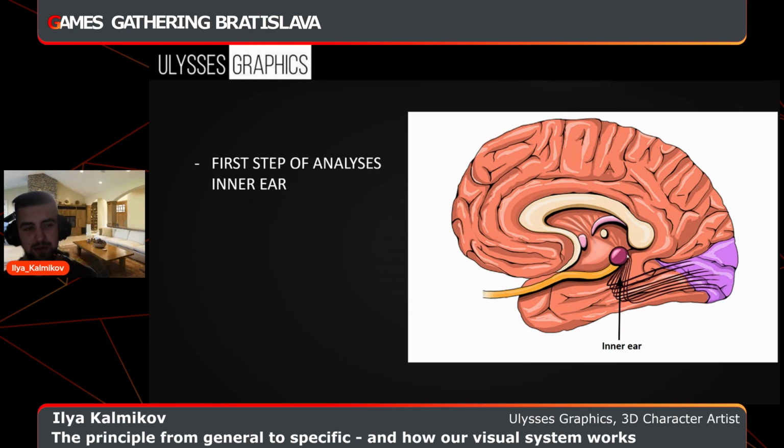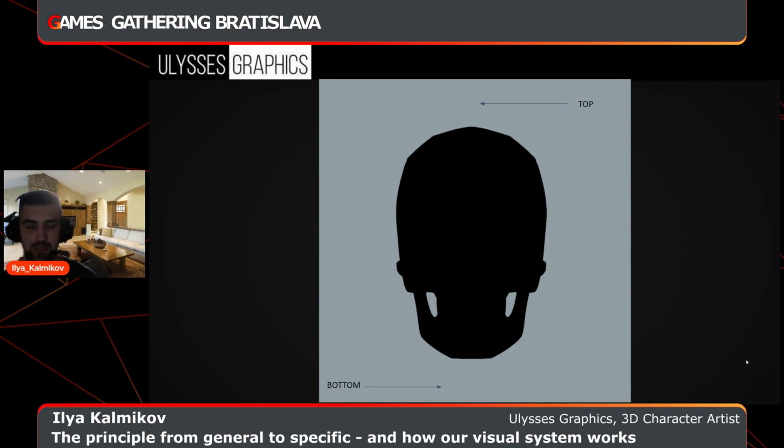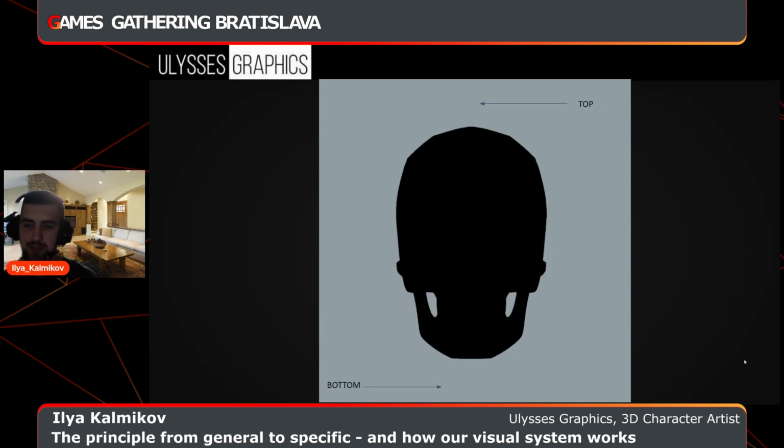The cascade begins. Remember the snowball image. All the inner ear is responsible for is identifying two points, top and bottom. And here is our skull. You can already see how it works. The silhouettes are different, and the brain thinks that these are different objects.